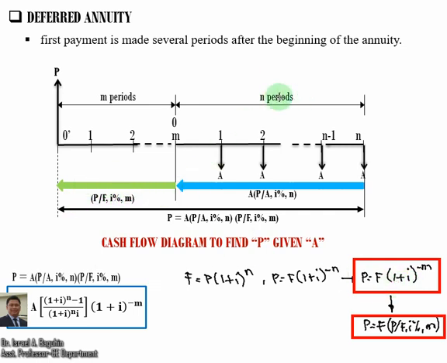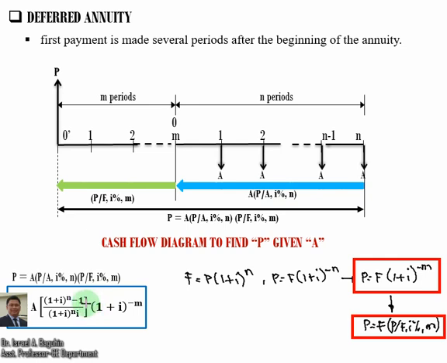But how about during the N periods? We have the annuity started in which during the first year the borrower started to pay the annuity or amortization until the Nth year. So what is the relevance of this formula to this formula, and what is the relevance of the annuity during the N period to this formula?